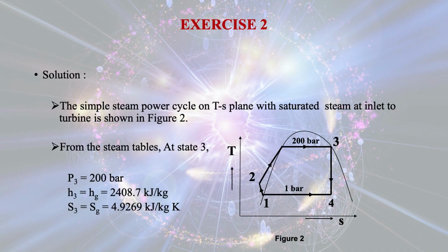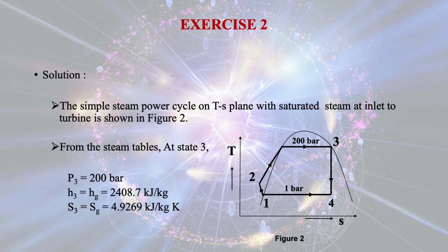This is the simple TS diagram. We call it temperature entropy diagram, and the simple steam power cycle on TS plane with saturated steam at inlet to turbine is shown in figure 2. So figure 2 is the temperature entropy diagram for this particular numerical.